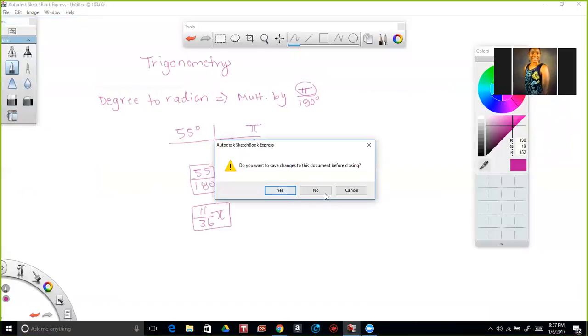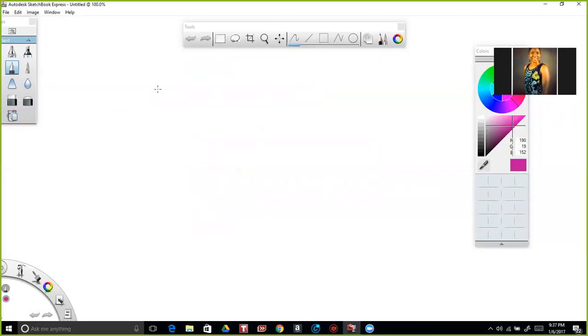Let's do a new one. All right, so we have sine of pi over 3 times cosine of pi over 4, and then minus tangent of pi over 4.